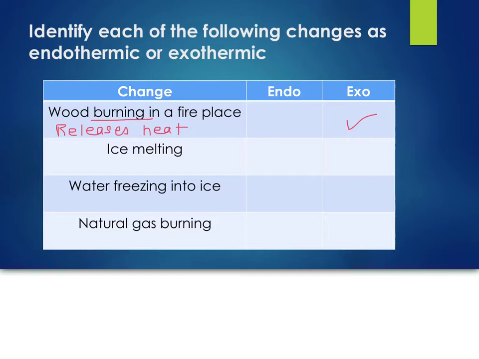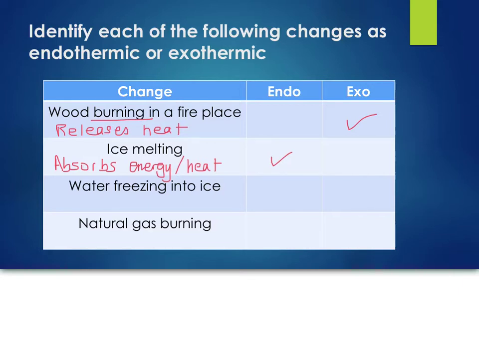Increasing, but it has to absorb energy. It has to absorb energy in the form of heat to melt, because it's getting warmer. How does it get warmer? It has to absorb the energy, so that makes it an endothermic reaction.